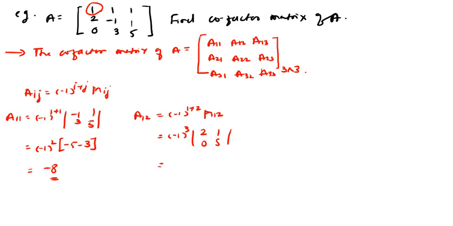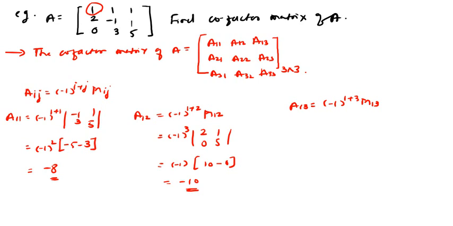So solve the determinant with minus 1 raised to 3, which is minus 1. This will be minus 1 into 10 minus 0, which is minus 10. Similarly we can find the element A13, which is minus 1 raised to 1 plus 3 into M13, where M13 is the minor of the element A13.